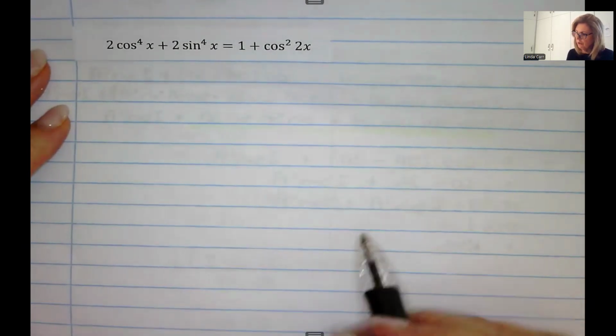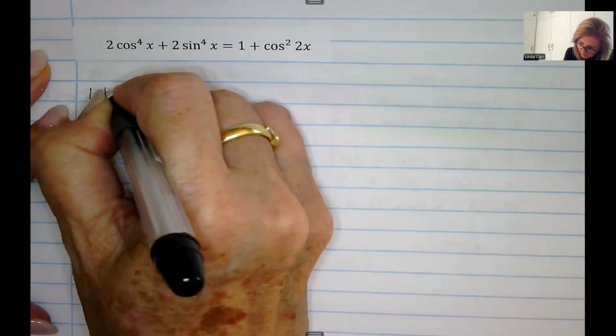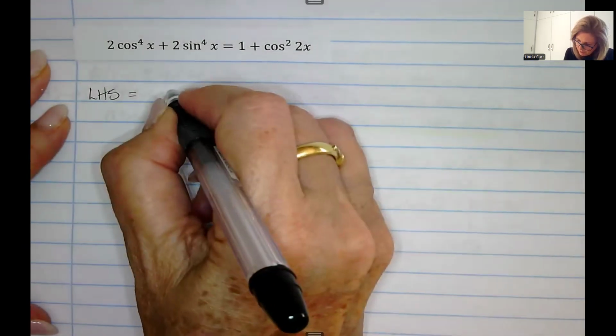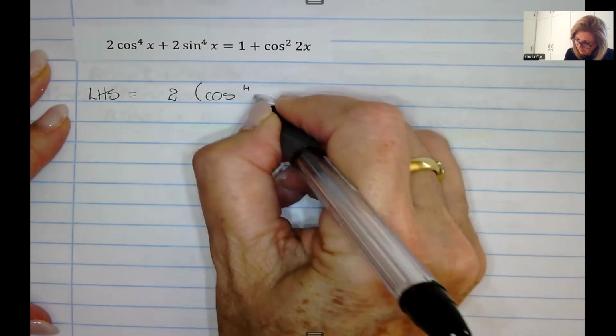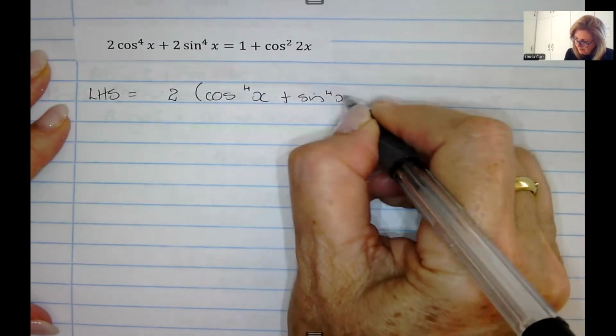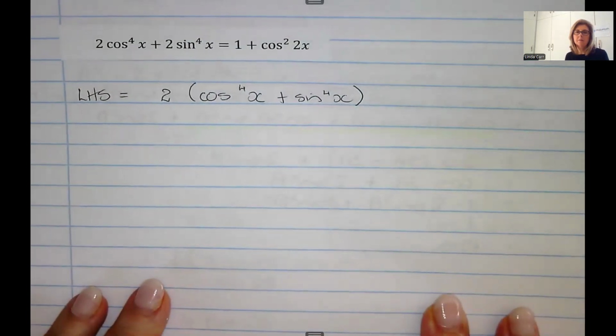You could try and work a little bit with both sides. I'm going to go from the left-hand side just because it's got 2 terms. And I'm going to start by taking out a common factor of 2 so that I have a little bit more focus on what's in the brackets.